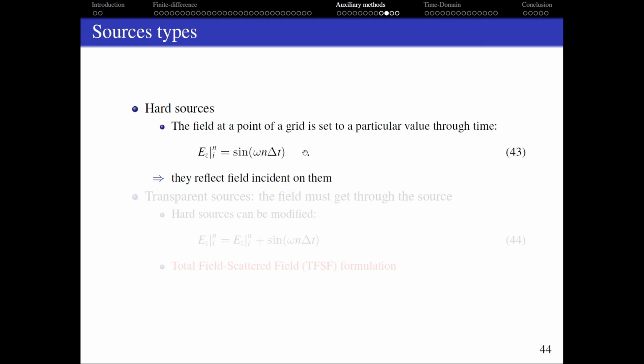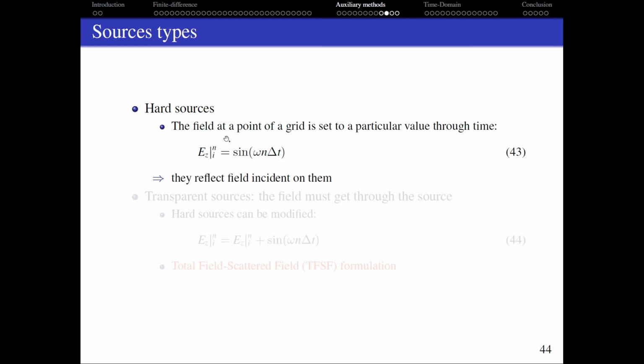The issue is that, just like when we wanted to investigate why we need PMLs, this value is always going to be defined by this equation. When you want to update the FDTD equation around it, if you have field coming back, it's not going to propagate properly.